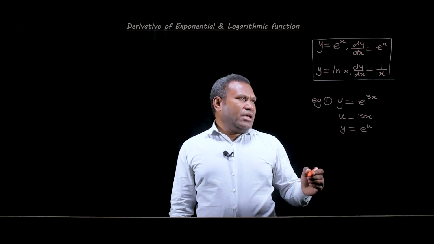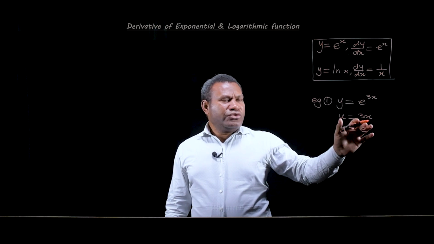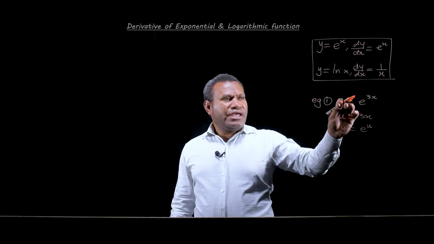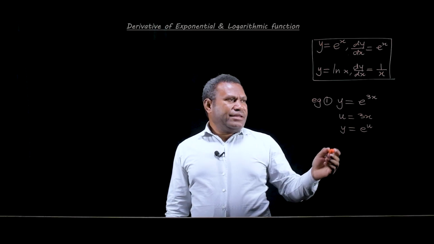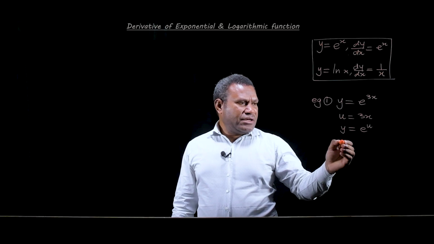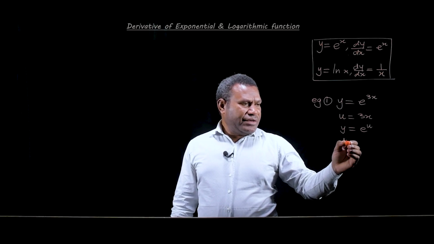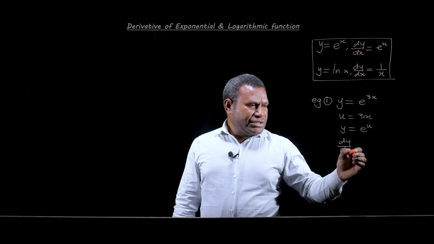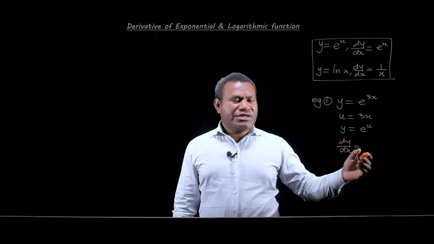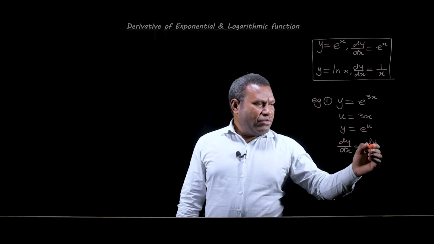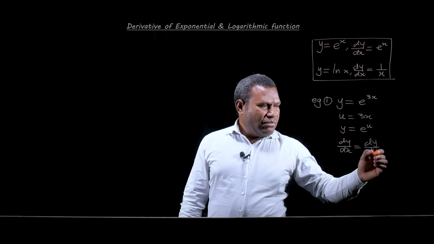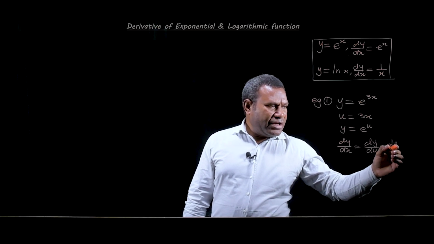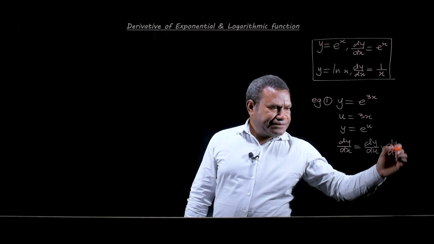Now we use the chain rule, which we can restate: dy over dx equals dy over du multiplied by du over dx.